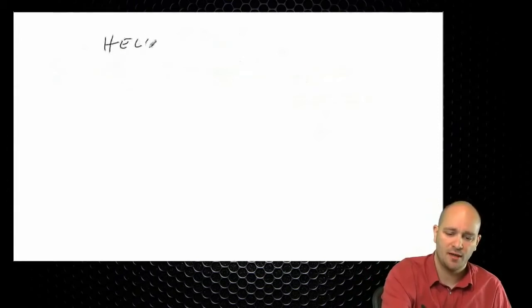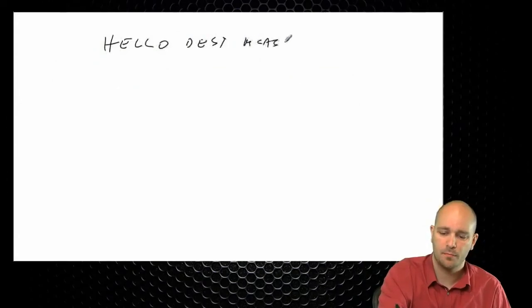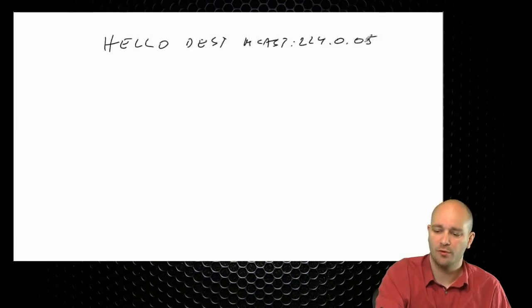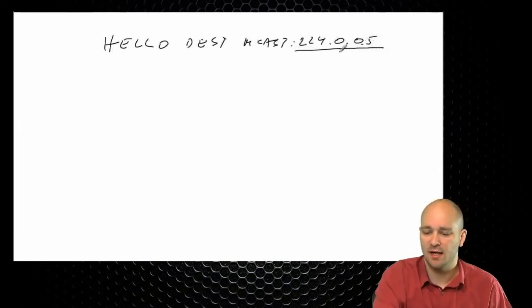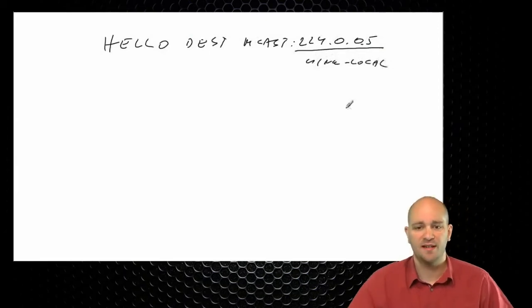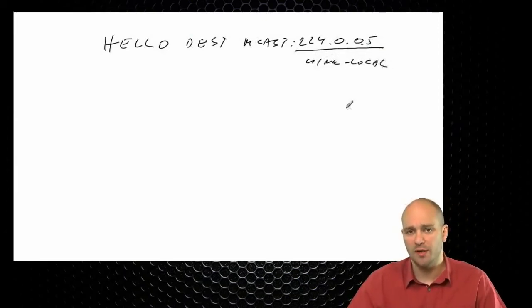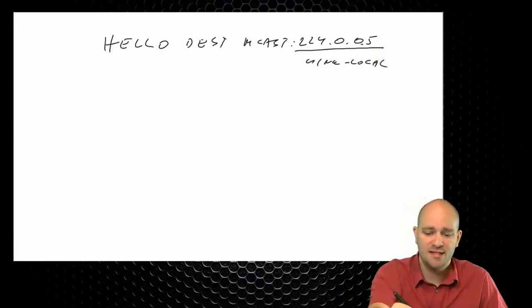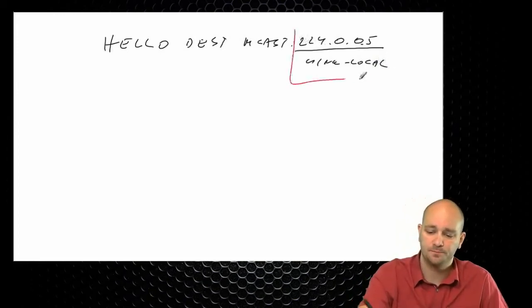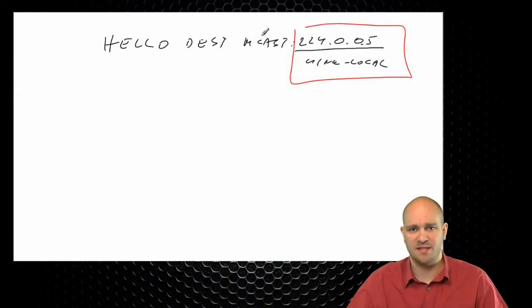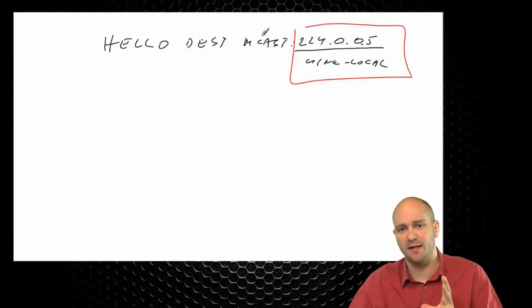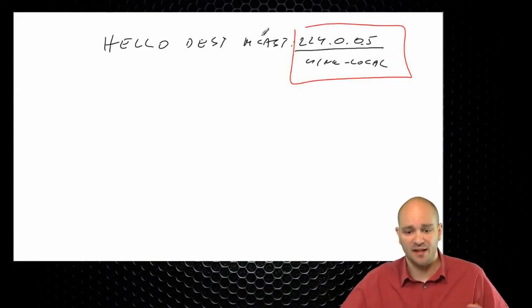We have hello destination for multicast is 224.0.0.5. Now, this is a link local address, which means that traffic sent to this address will not be routed by other routers. So these hellos will be contained to a specific interface, to a specific link.